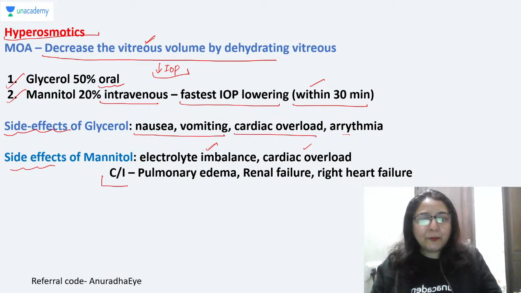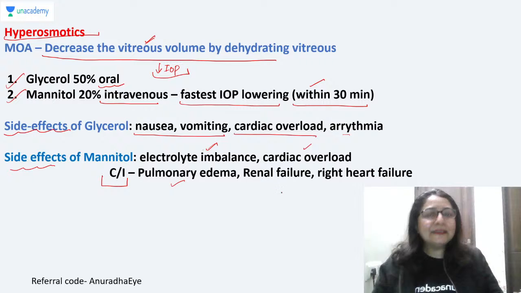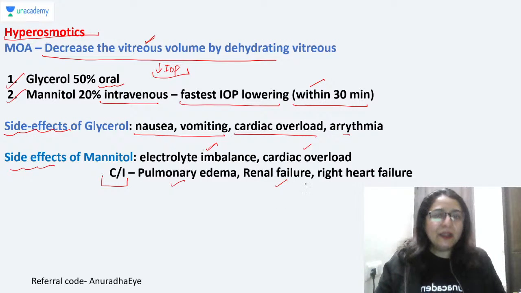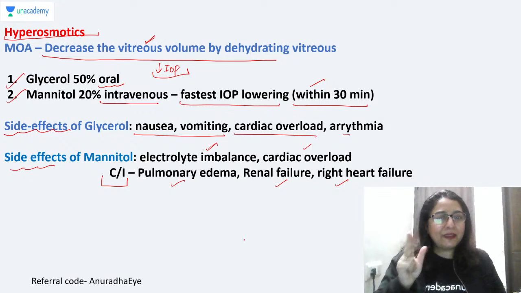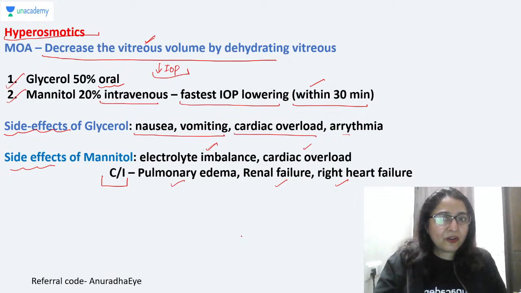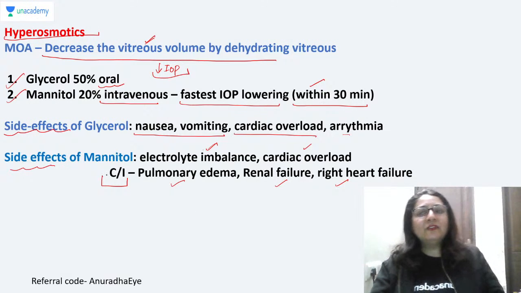So these hyperosmotic agents are contraindicated if patient has pulmonary edema, renal failure, or right heart failure. Remember the contraindications: pulmonary edema, right heart failure, renal failure. And which is the fastest intraocular pressure lowering agent? That is your mannitol. Fine.